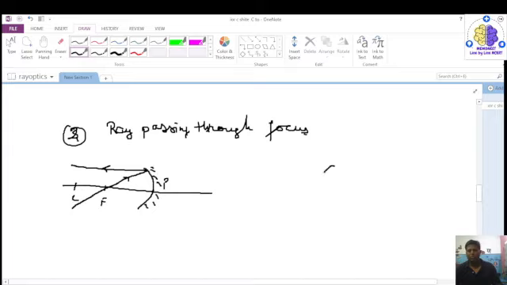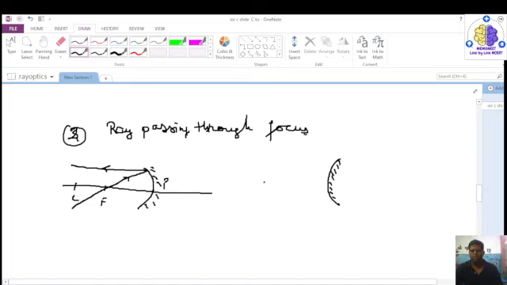Now we can see for the convex mirror as well. If this is the convex mirror, right?